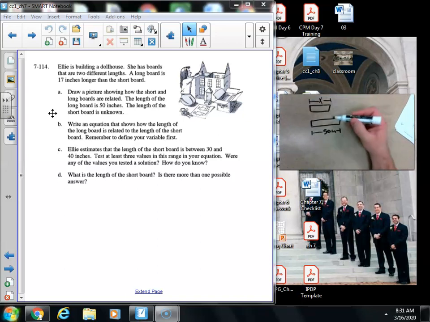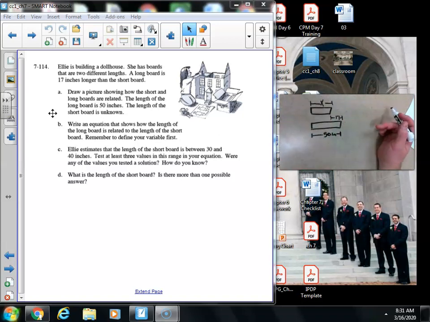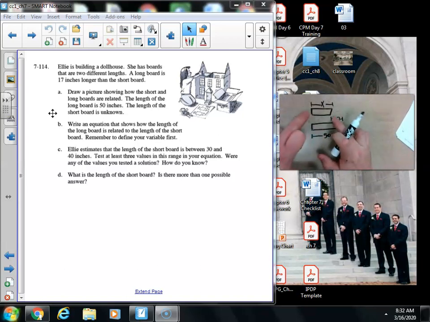But we do know that the length of the short board is 17 inches smaller than that of the long board. Okay, meaning that this extra distance here is 17 inches. So many of you guys can probably say, well, if this is 50 and this is 17, you probably have a good idea as to how long the short board actually is.